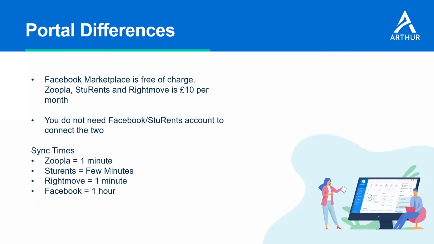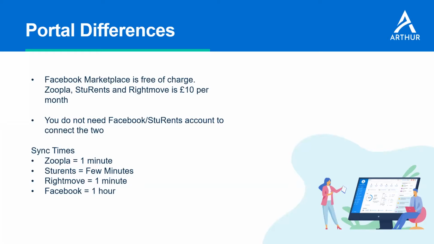So the portal differences. Why should you be using these 4 marketing channels? I'm going to go over the difference between the 4 of them, because they all work in slightly different ways, but they have the same idea. Facebook is free of charge, whereas for Zoopla, StuRents, and Rightmove, you will be charged £10 a month for the integration.